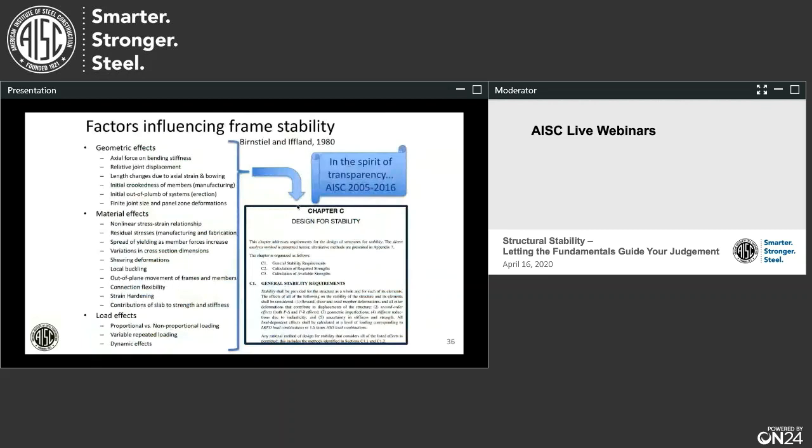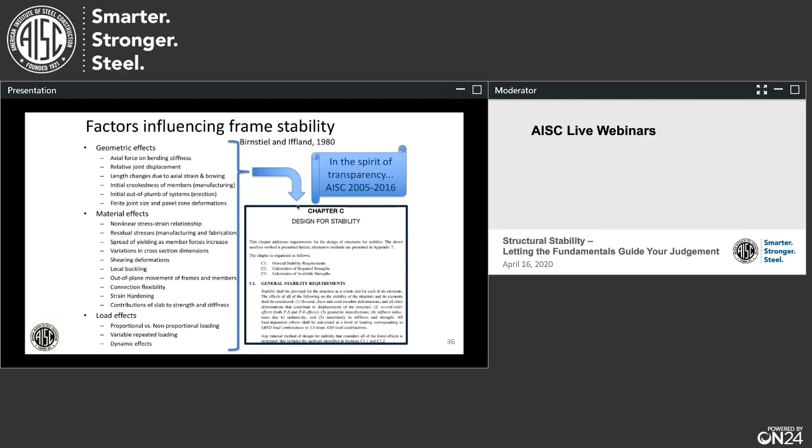It was this background that a group of us in early 2000 approached our opportunity to rewrite Chapter C in the forthcoming 2005 specification. At the same time, we had an excellent report by Bernstein and Iffland. It was an AISC report from 1980, and they had also identified a whole host of factors that influence frame stability.